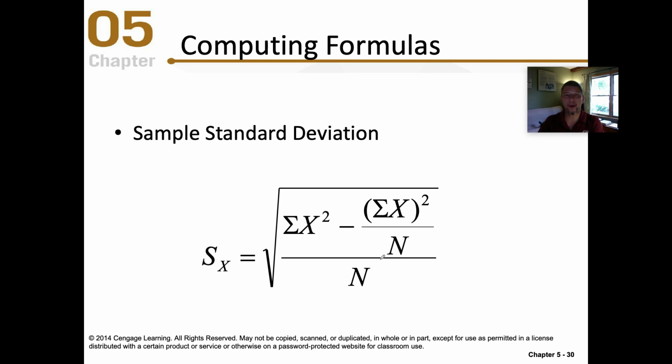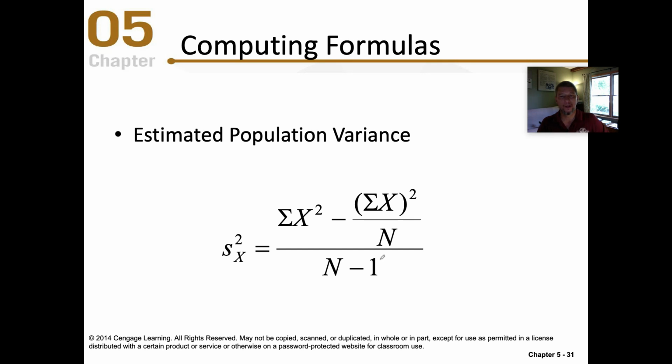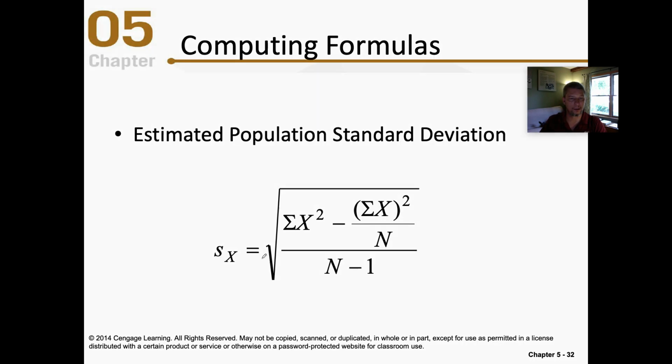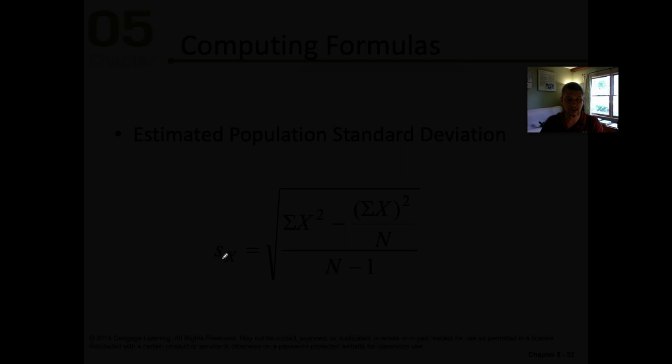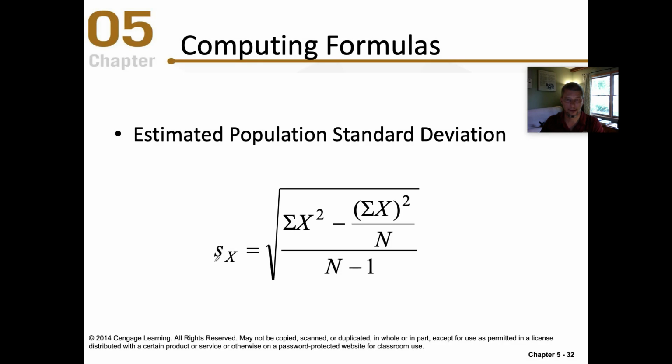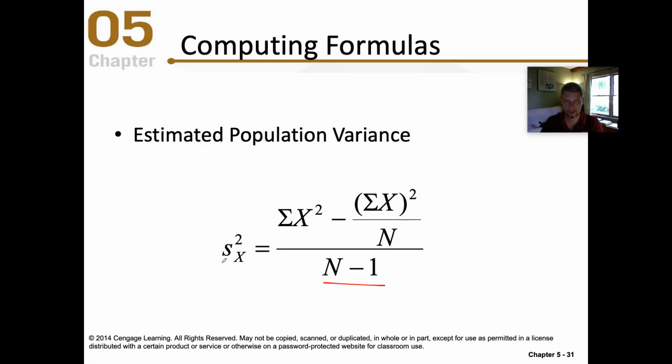Now, if I want to estimate the population variance, then I use this formula. And notice, this is very similar to the one I saw before, but now instead of n in the denominator, I'm using n minus 1 for degrees of freedom. And notice again that here I'm using little s.